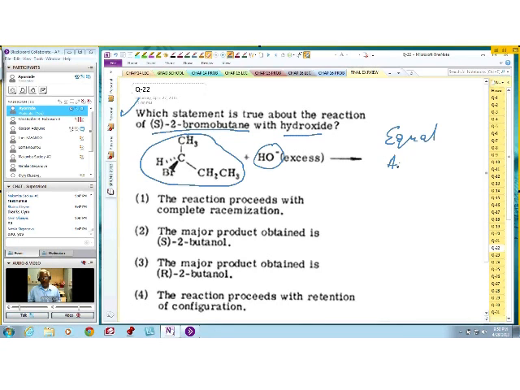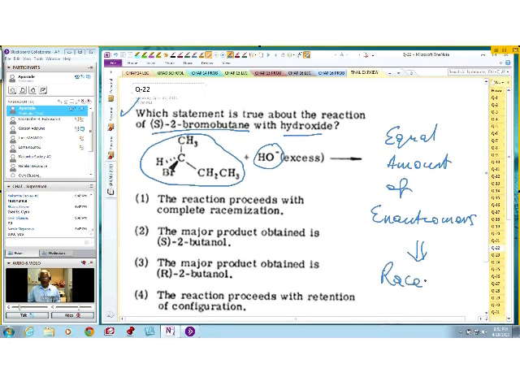Equal amount of enantiomers. That is what you mean by racemization. Okay? So this question is actually testing your knowledge of the reaction mechanism.